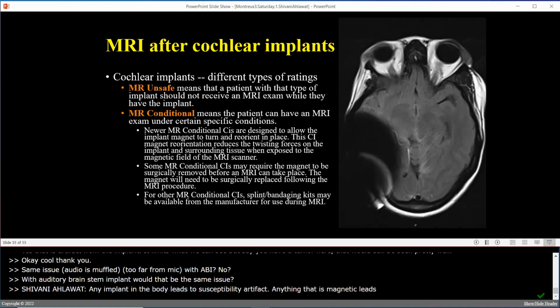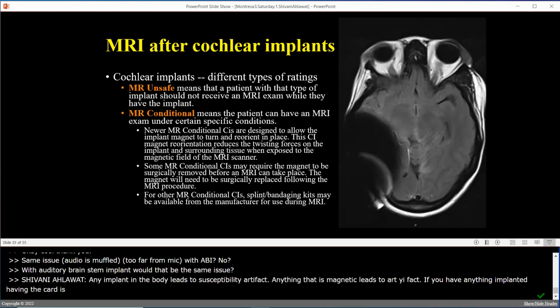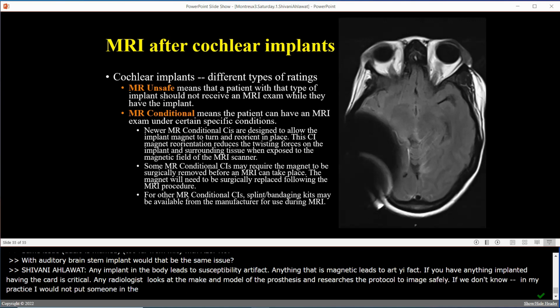So if you have anything implanted in your body, having that card is critical, because every MR technologist and radiologist would look at the make and model of the prosthesis and research how to modify the protocol to be able to image safely. Because if we don't know, in my practice, I would not put someone in the magnet if I didn't know there was something inside them, because the last thing you want to do is harm.